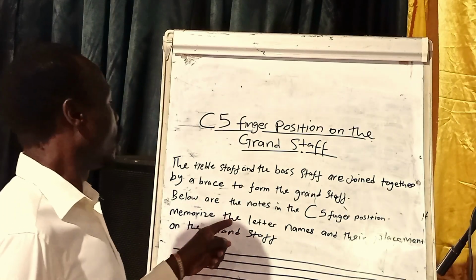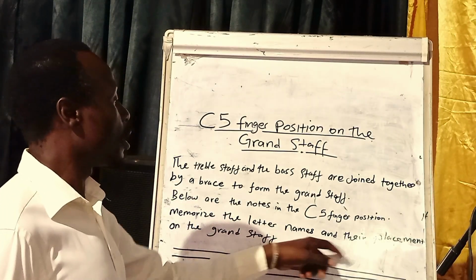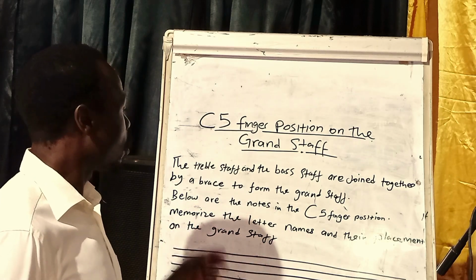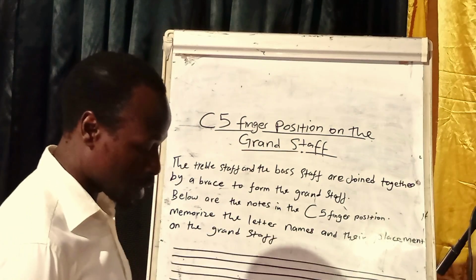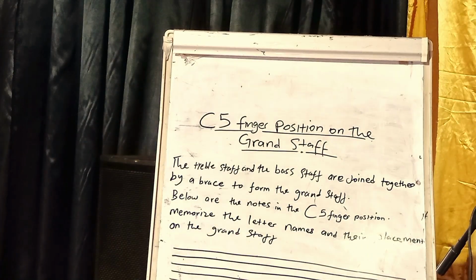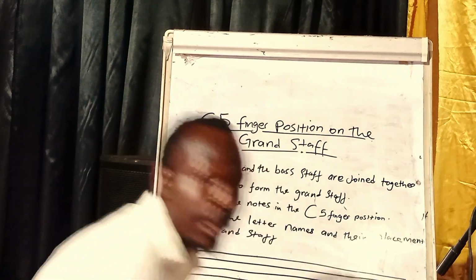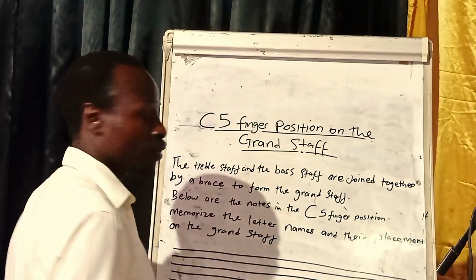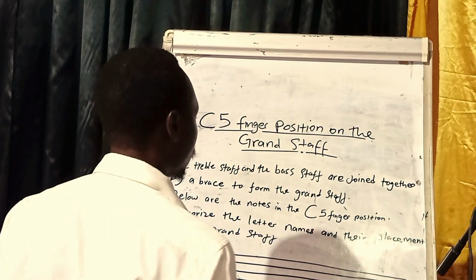Memorize the letter names and their placement on the grand staff. So let's go ahead and do the grand staff. Let me show you the grand staff and the C5 finger position on it, as we're going to relate it to the piano.